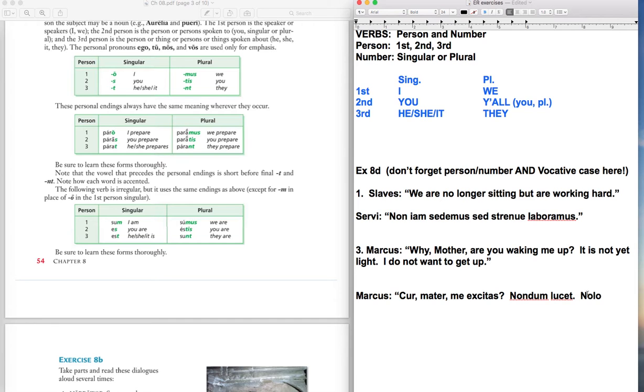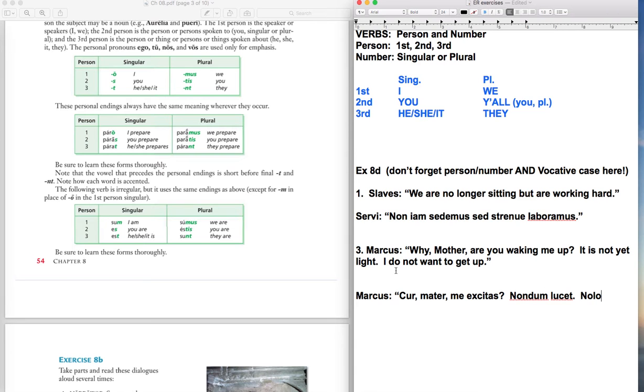Now, the word do not want, to not want, is an irregular verb. So it changes its forms, as you'll see as you go along in the book. But for first person singular, it has this O ending, as you see right here. O, right? For I. I do not want, and then what?